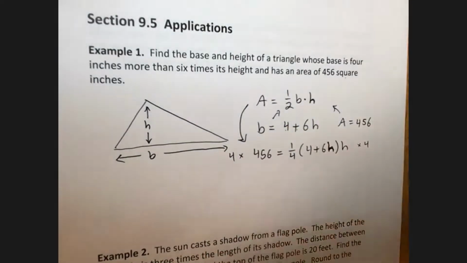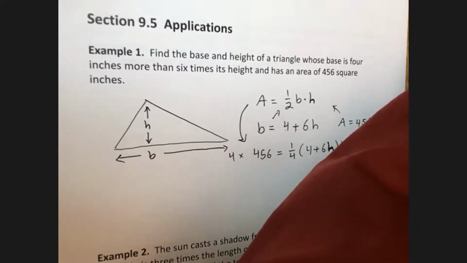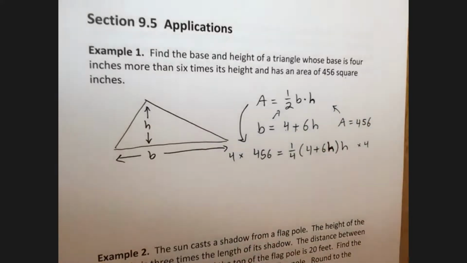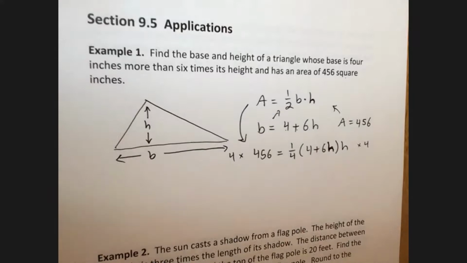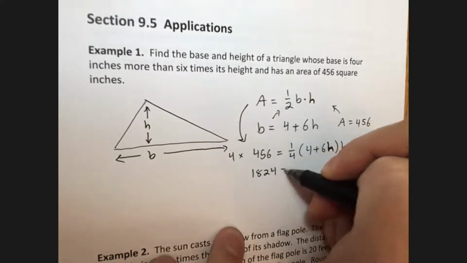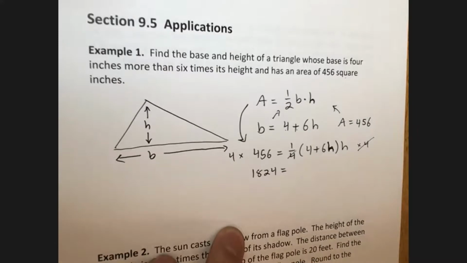All right. Let me just use a calculator to do this quickly. What's 456 times 4? Let's see. 1,824. And on the right-hand side, the 4 and the 1/4 cancel off. All right.